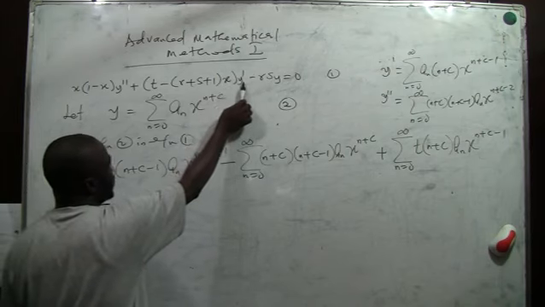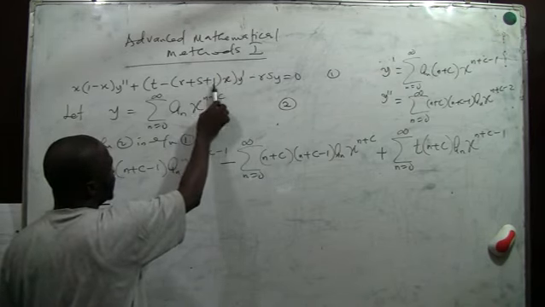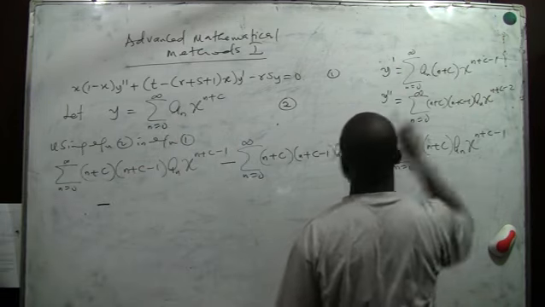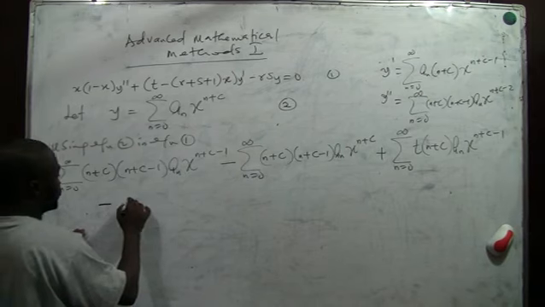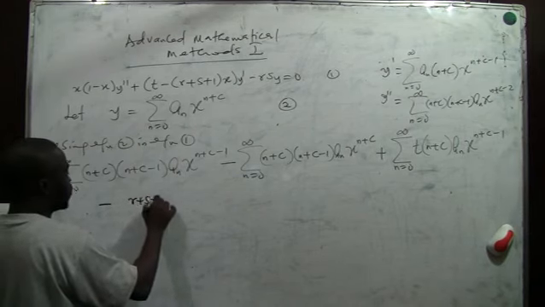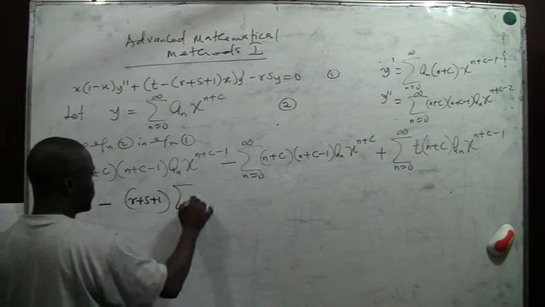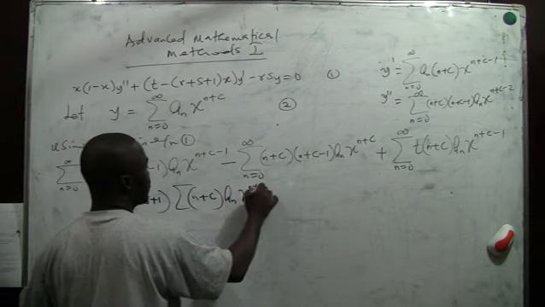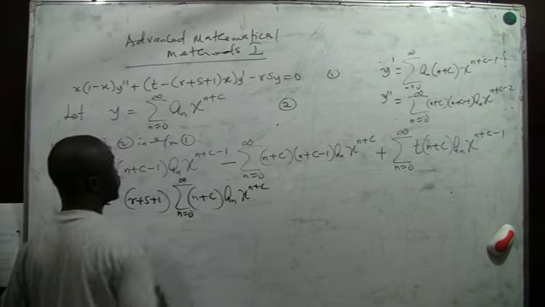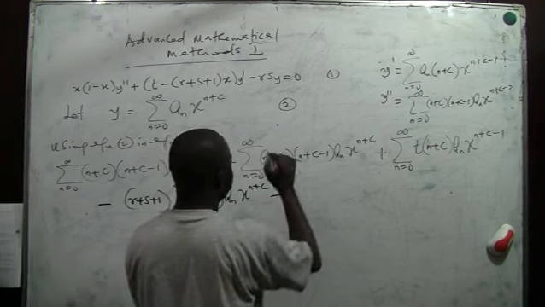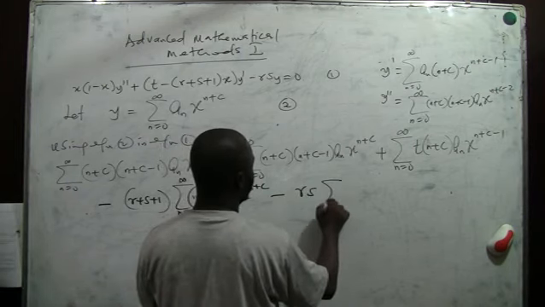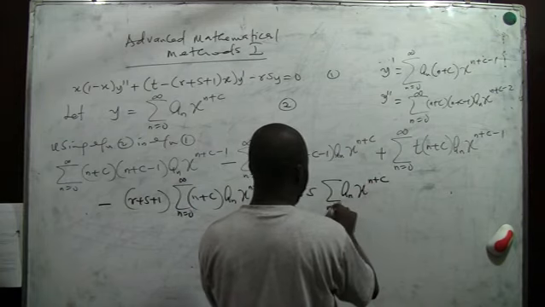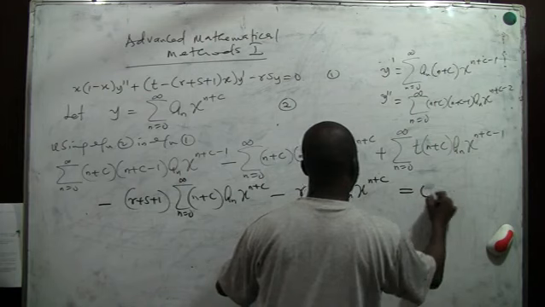So let x multiply y' first, since r plus s plus 1 is just a single term, and those are the parameters that we have there. When we multiply this, we are going to have (r plus s plus 1) summation (n plus c) a_n x raised to the power n plus c, n from 0 to infinity. Then the last term, minus rs, summation a_n x raised to the power n plus c, n from 0 to infinity, everything equals 0.